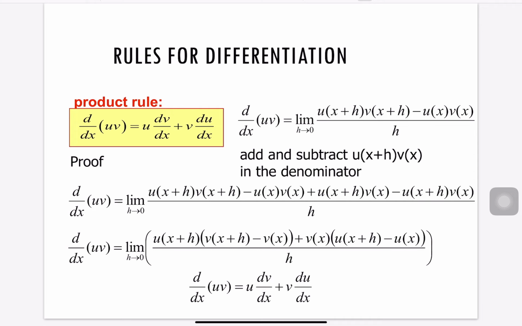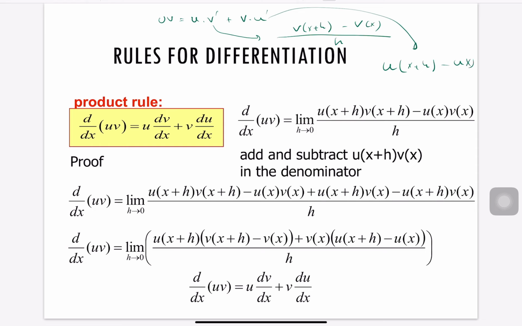Okay, how is it possible? Again, when we use, for example, (uv)' equals u multiplied by v prime plus v multiplied by u prime, in the v prime derivative part, we have to write again the same: (v(x+h) minus v(x)) divided by h, all together multiplied by u, and the second one also we have to write u times (u(x+h) minus u(x)) divided by h.